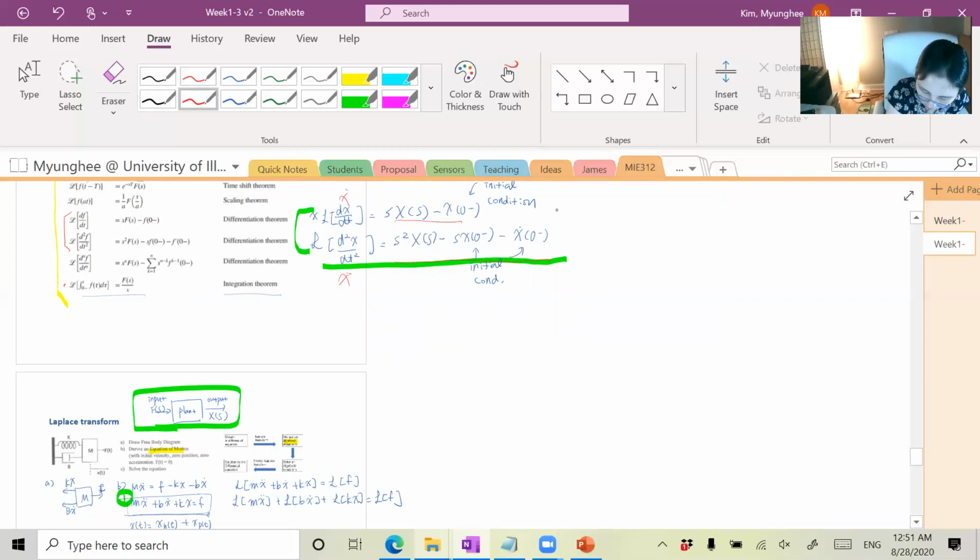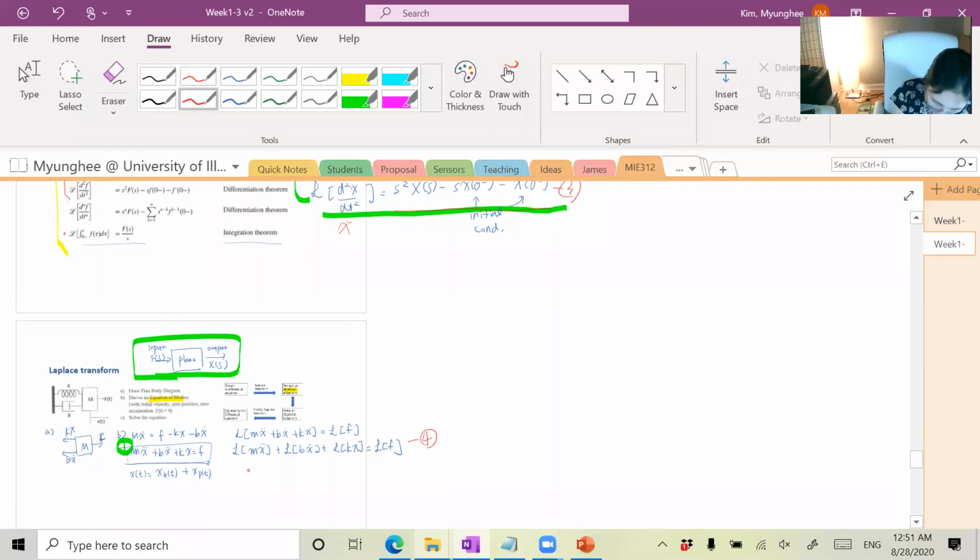Let's say this is 2 and 3, and this is 4. So you can plug in 2 and 3 to equation 4.